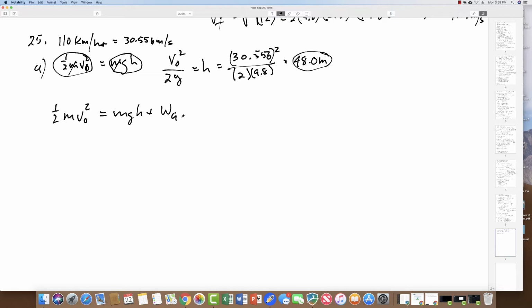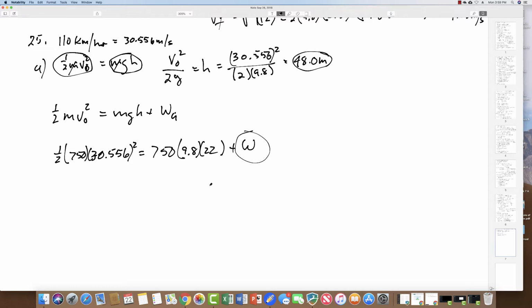And so the change here is that you have 1/2 times 750 times 30.556 squared is equal to 750 times 9.8 times 22 plus this heat factor.